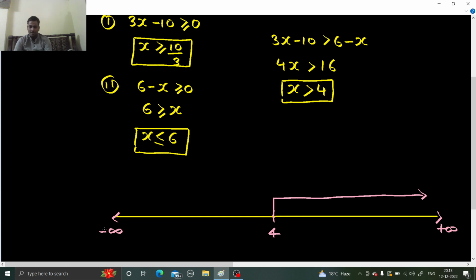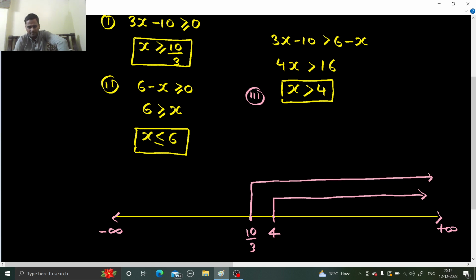This is one answer, the third condition, but we also have to take care of the first and second. The first says that it should be greater than or equal to 10 by 3. 10 by 3 is somewhat greater than 3, so it will lie somewhere here. It is saying it is greater than or equal to 10 by 3, so it goes like this, till infinity. Now the other one is saying it is less than or equal to 6.